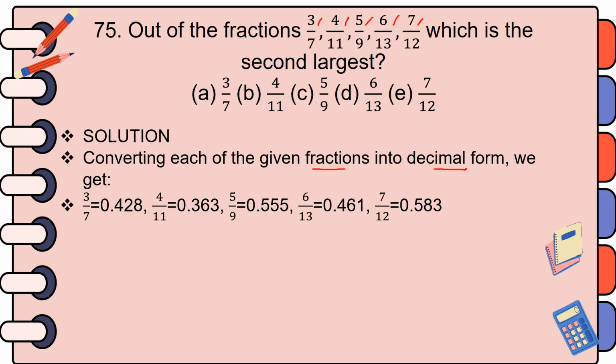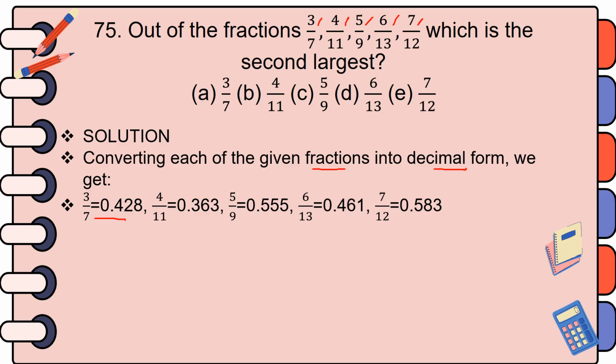So 3 over 7, that means when you divide 3 by 7, you get a value which is equal to 0.428. Again, 4 over 11, the decimal form of this fraction is 0.363. That means you divide 4 by 11, you get 0.363. Again, 5 over 9 is converted into decimal form as 0.555.